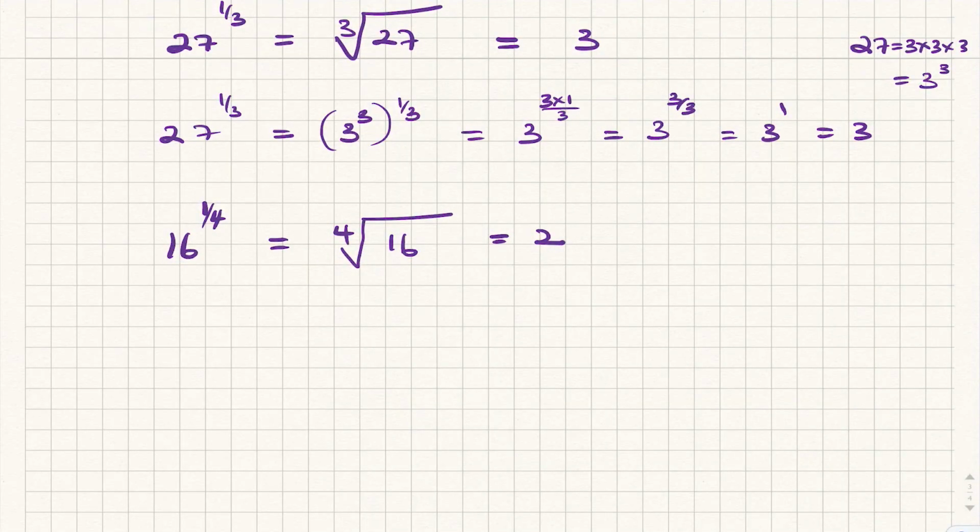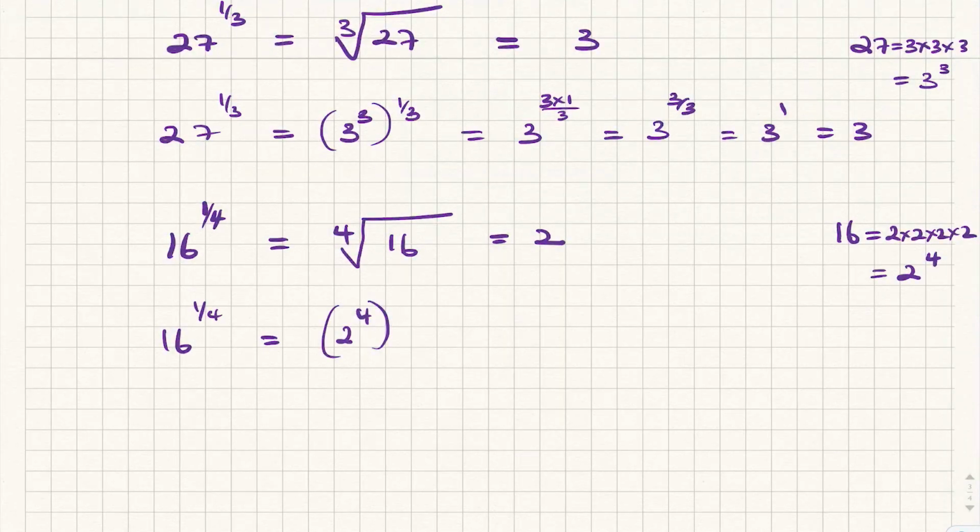For us to prove it, what we need to do is write 16 in terms of 2, that is 2 times 2 times 2 times 2, and that is 2 to the power of 4. So 16 to the power of a quarter is 2 to the power of 4 times a quarter, which will become 2 to the power of 4 over 4, which is 2 to the power of 1, which is 2.